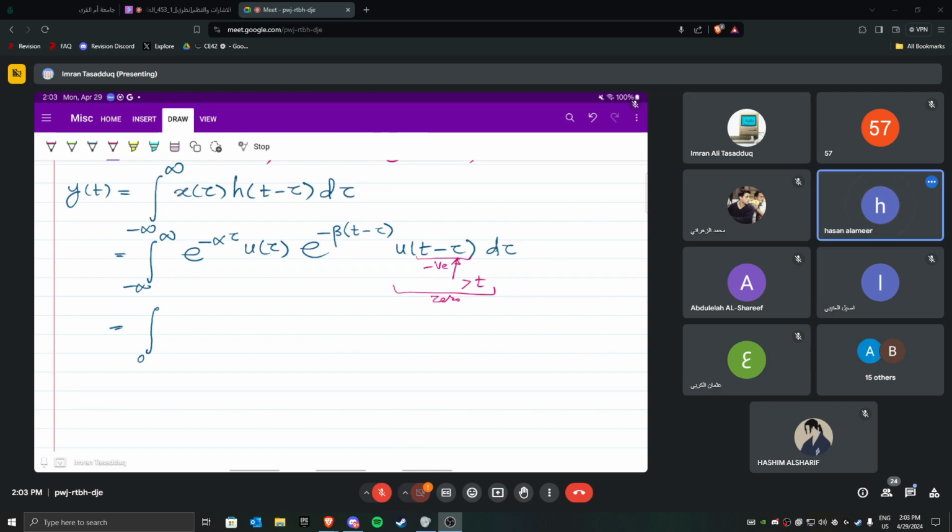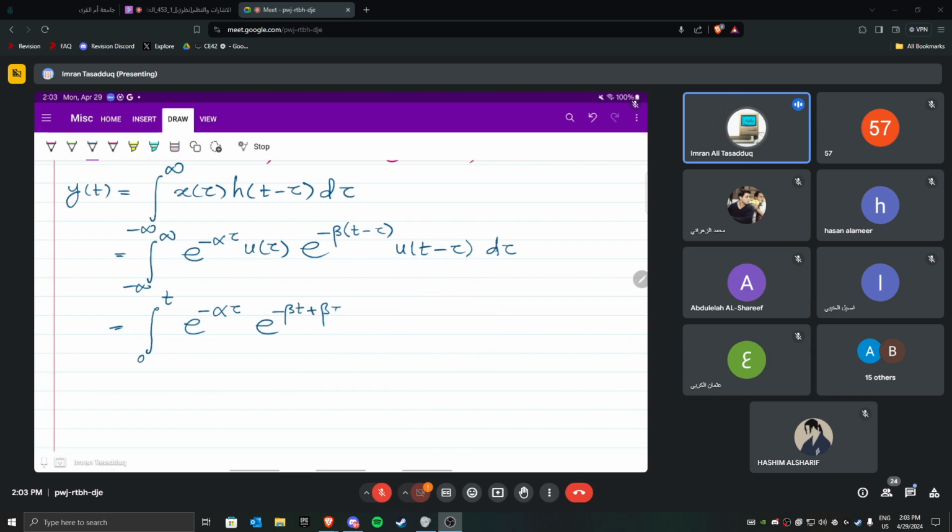So what should be the upper limit? T, Doctor? Yes, exactly. It should be t. Tau cannot be more than t, because if tau becomes greater than t, this t minus tau becomes negative, and u of t minus tau becomes 0. So the upper limit is supposed to be t. e to the power minus alpha tau e to the power minus beta t plus beta tau d tau.